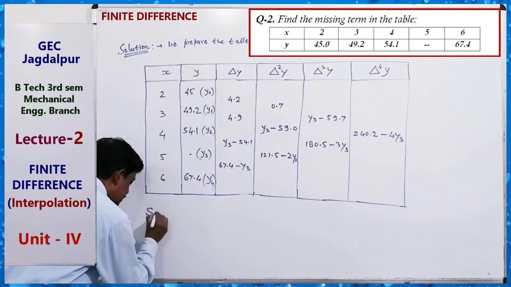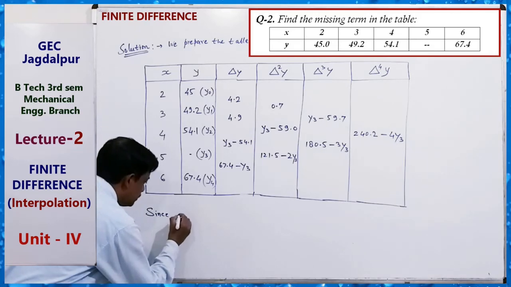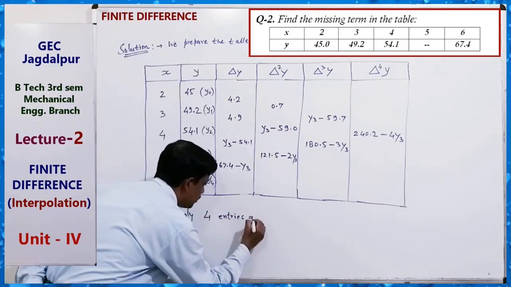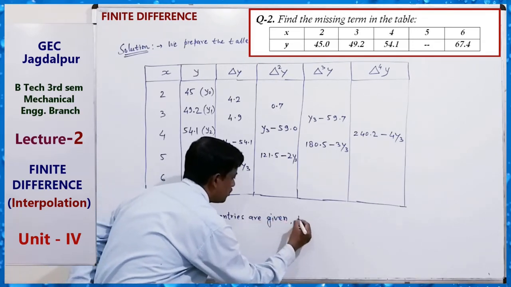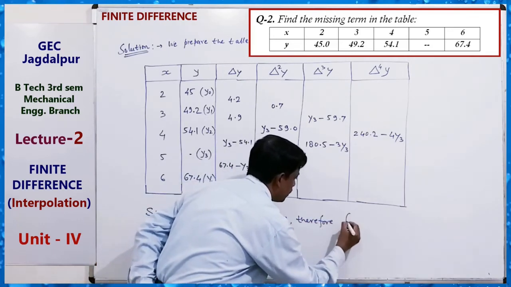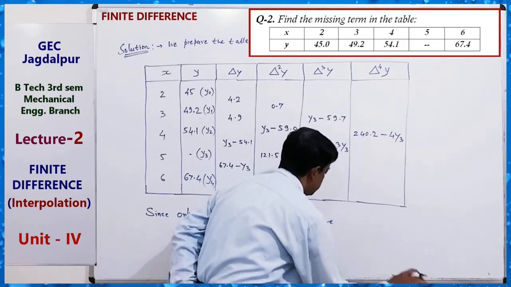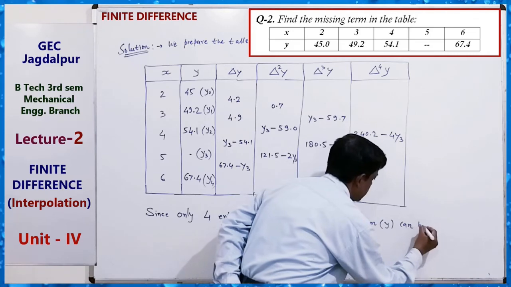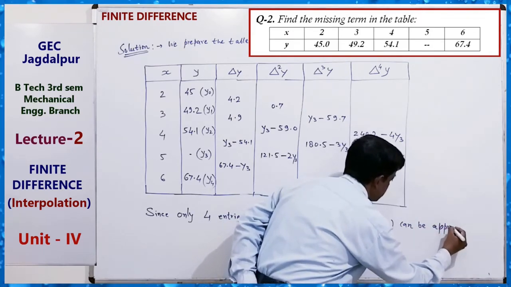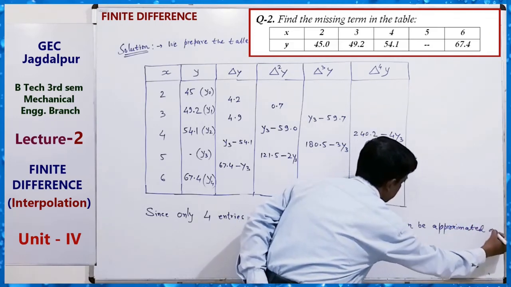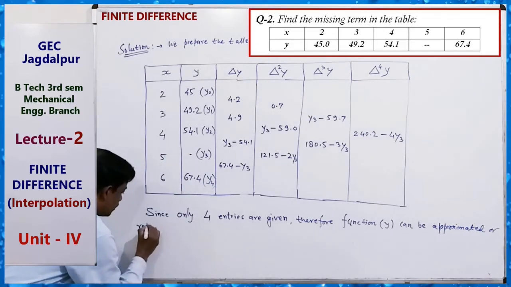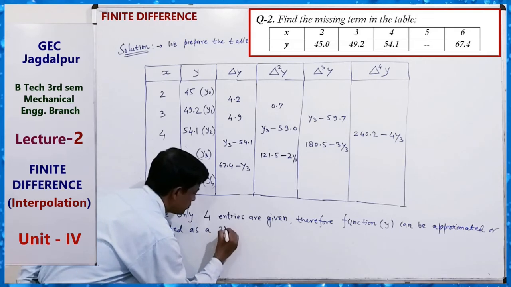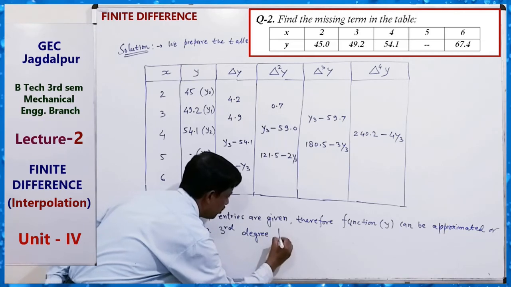Since only 4 entries are given, therefore the function y can be approximated or represented as a third degree polynomial.